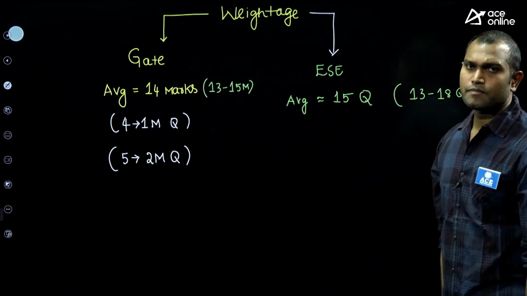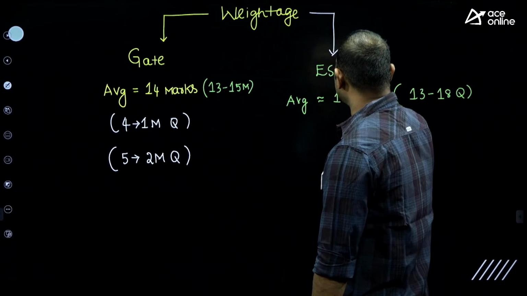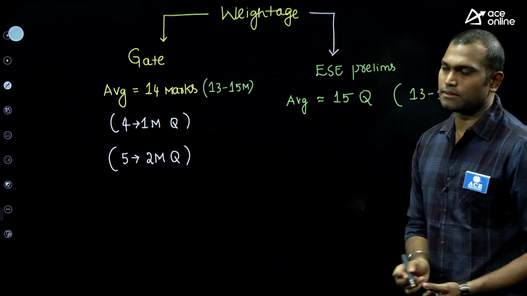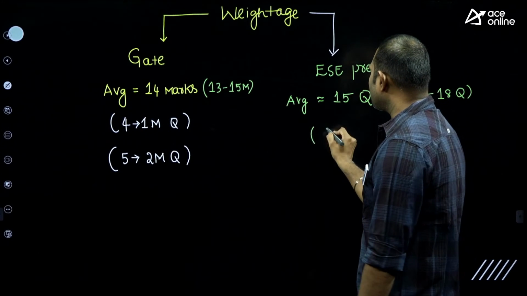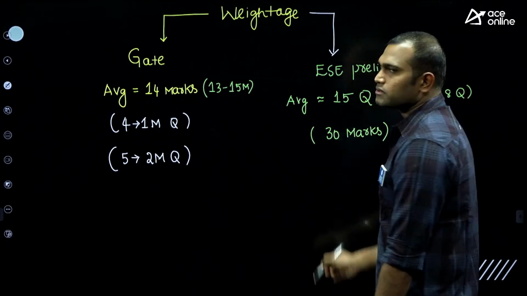So 15 questions. This is in the case of the ESE prelims. Right now we focus more on the ESE prelims, not on the ESE mains. So 15 questions, which is nothing but 30 marks. Each question carries 2 marks.